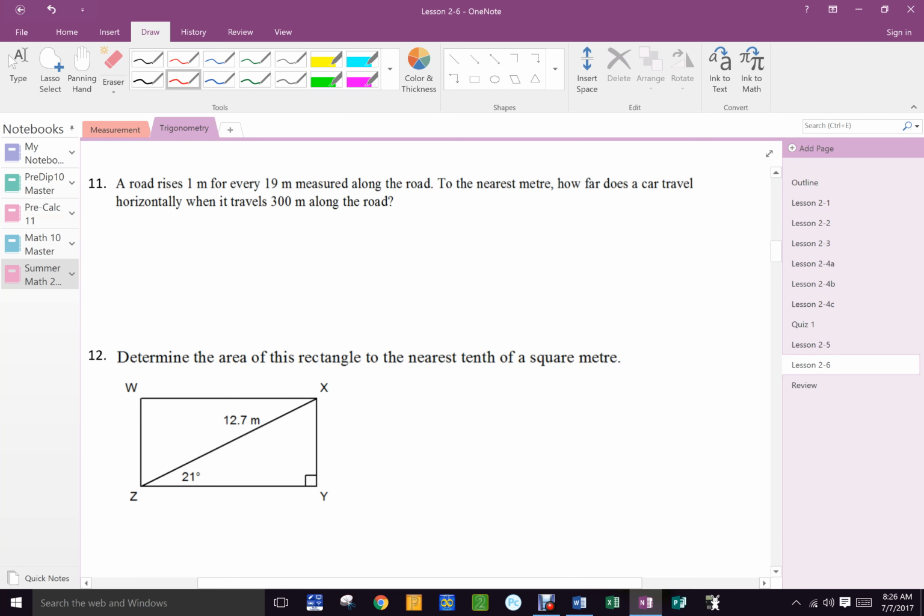Number 11 is the next type of question that no kid does right. Most kids can draw the triangle, but they can't do the question. What does the triangle look like for that?